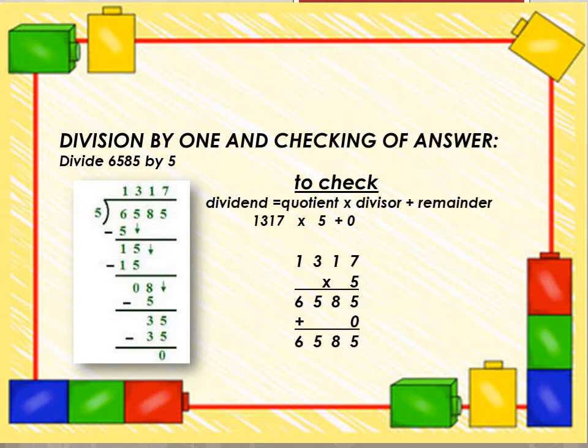So let's see. 1317 we got as the quotient, we multiply it by 5, and there was only 0 as the remainder, so we add 0 to the product and we get 6585, which is the same as the dividend. So we can see that the division sum we have done is correct.